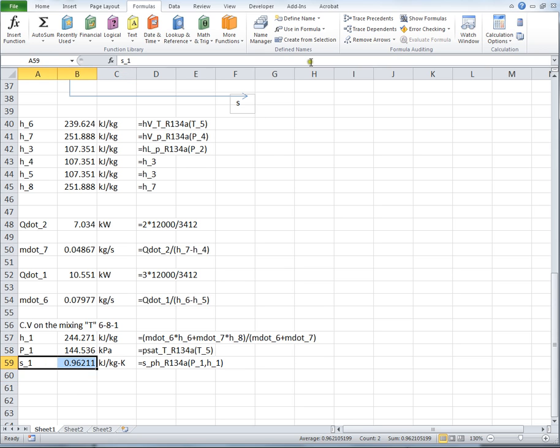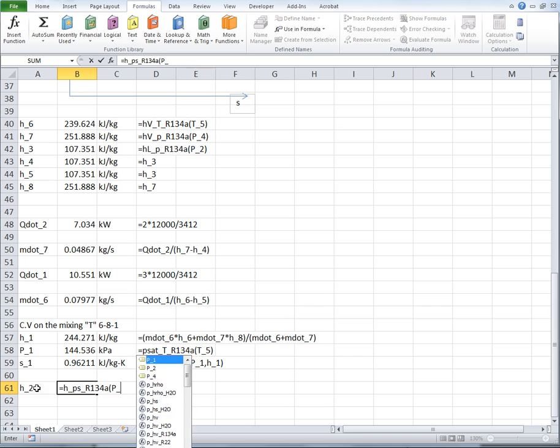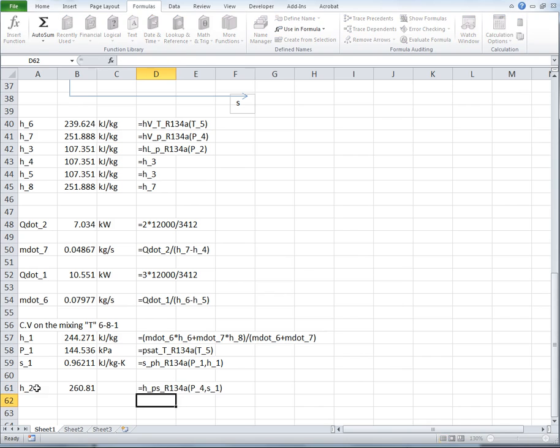So what? Well, I have to use that entropy to find the enthalpy at the exit of the compressor. So I'm going to use a function that gives enthalpy as a function of pressure and entropy for refrigerant 134A. The pressure is my high pressure P4, and the entropy is the one we just found. Conceptually that's a pretty straightforward operation.